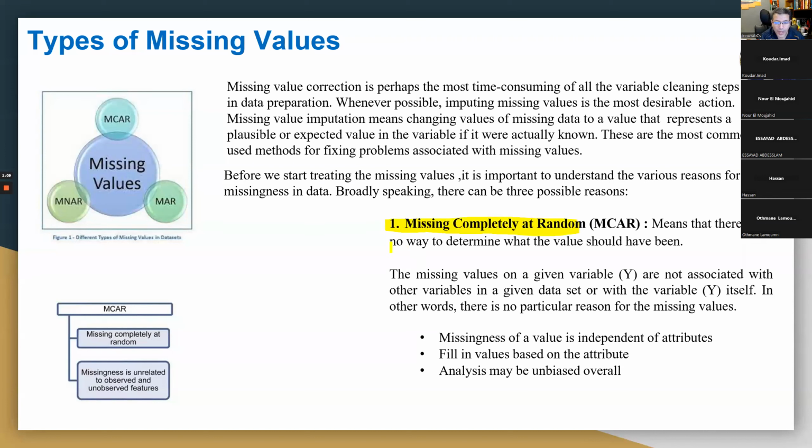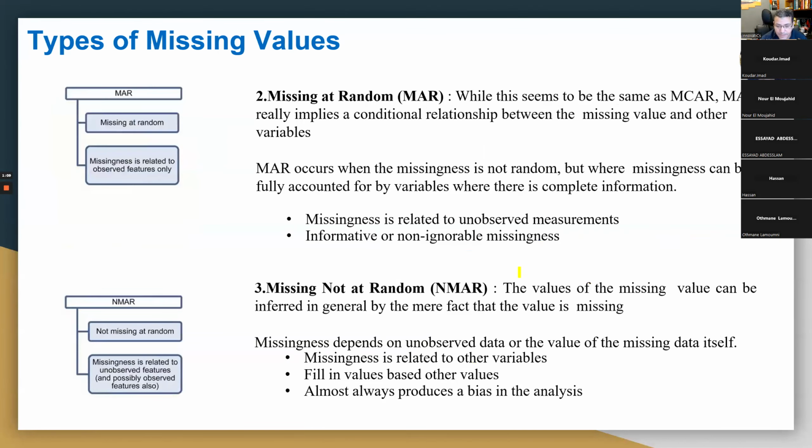Means there is no way to determine what the value is. يعني قبل, before you deal with missing values, again, you need to understand the type of missing values that you have. Is the MCAR, missing randomly. مستحيل باش نلقى الفاليو ديال missing values.